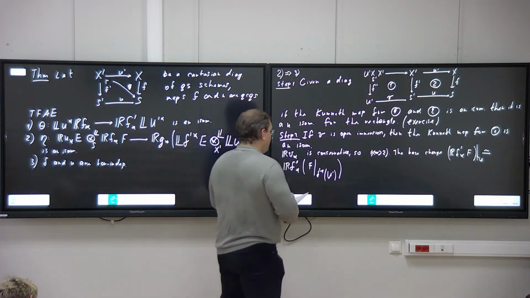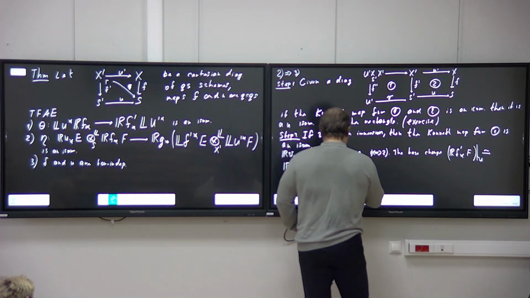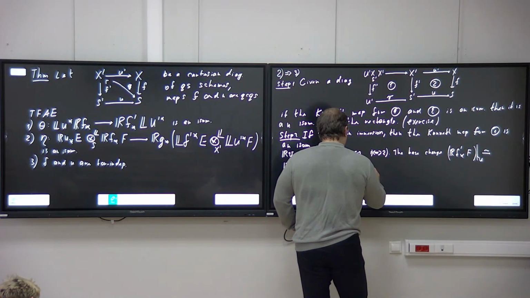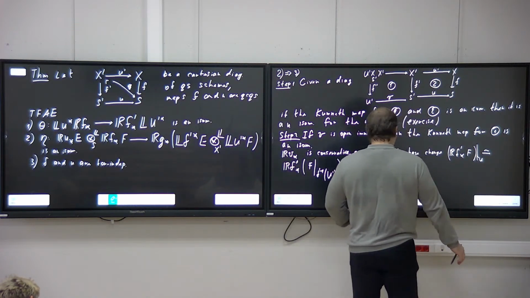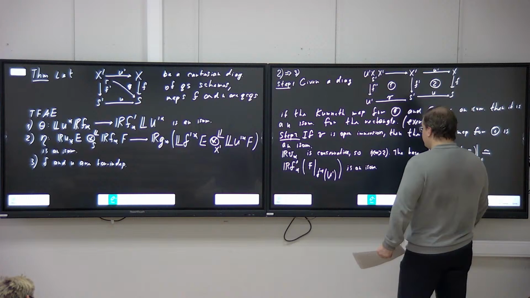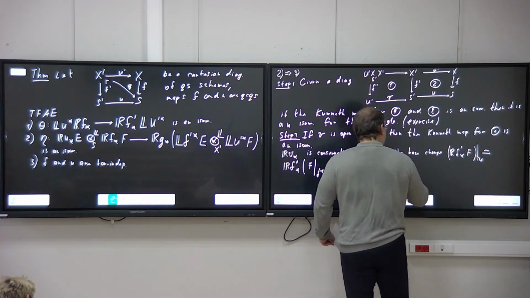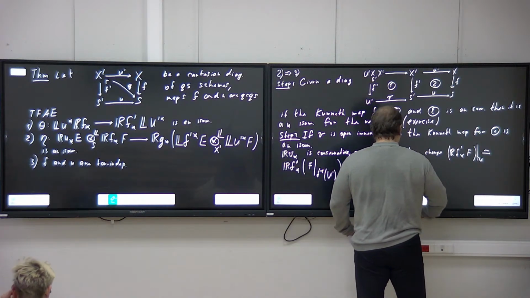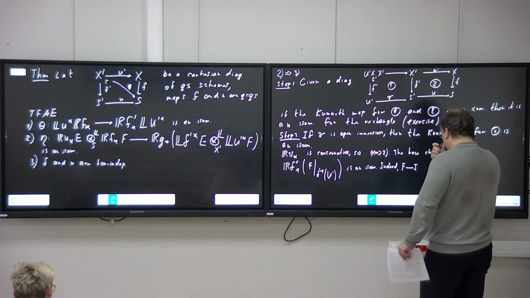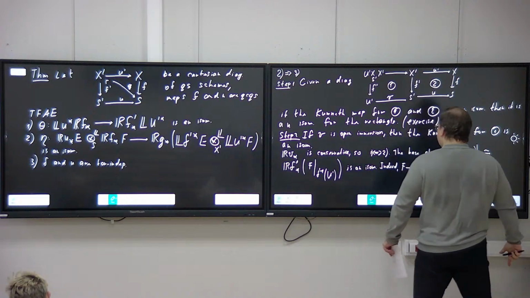Right, so this base change map is the isomorphism. And to check this, we just take a k-injective resolution. So indeed, let's choose a k-injective resolution, a quasi-isomorphism from F to E. This is the k-injective resolution.